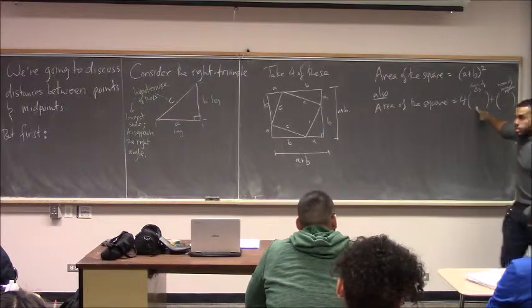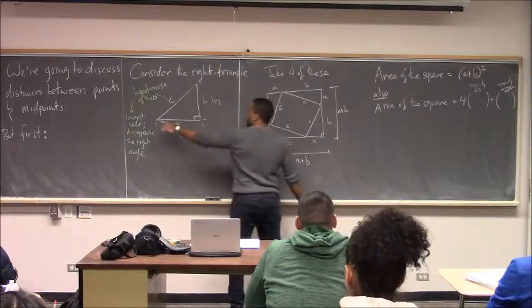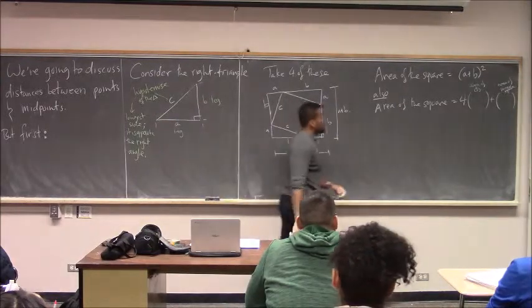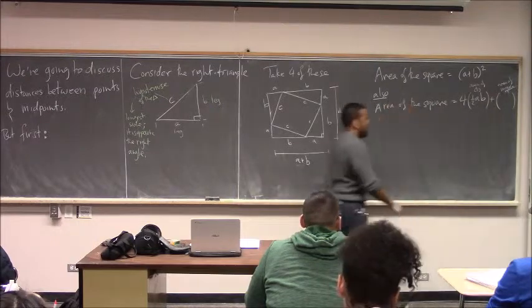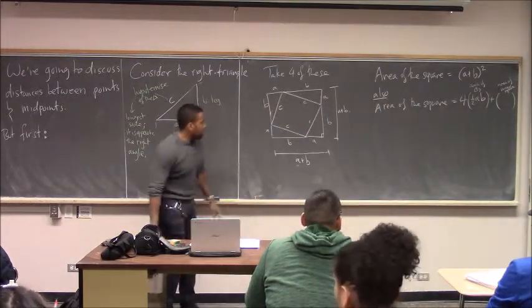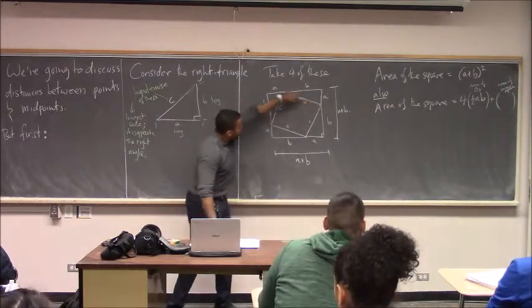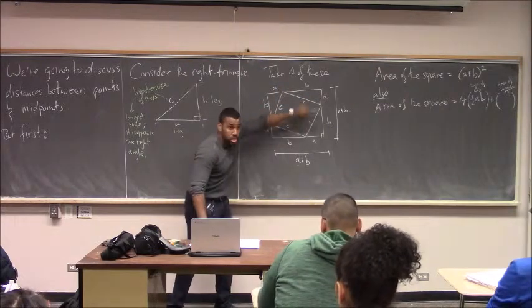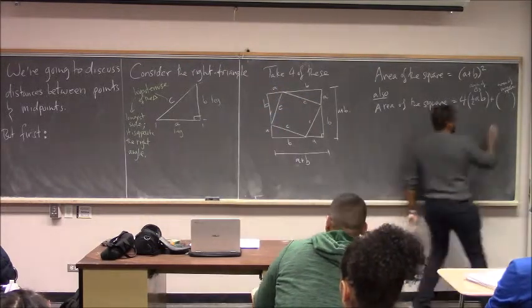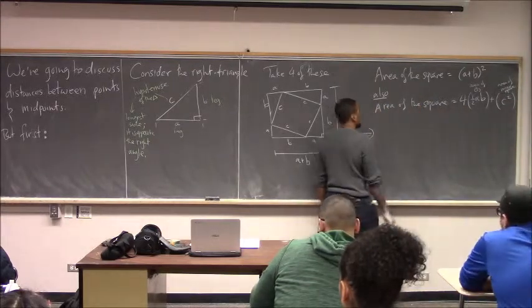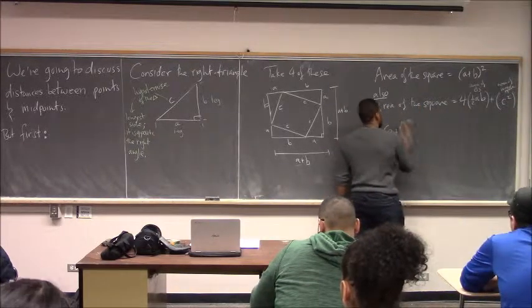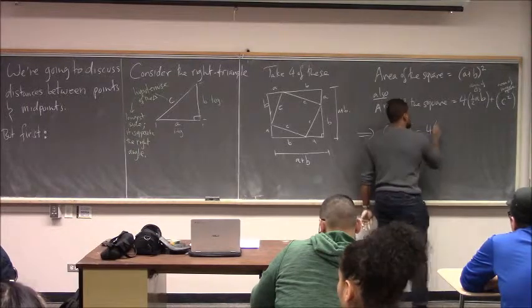Well, it's half base times height, right? So I can say it's half A times B. And what is the area of the inner square? Well, it's a square with all sides C. So that is just C times C, that's C squared. This of course means that A plus B all squared must be the same as this expression.